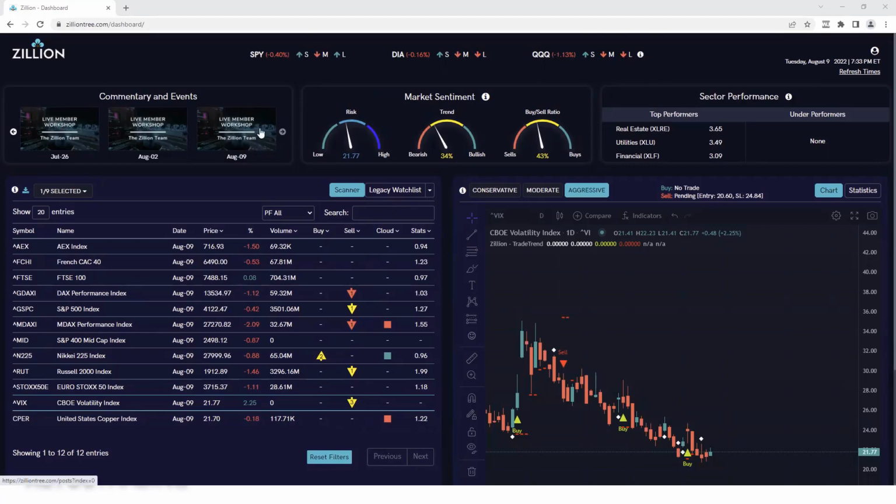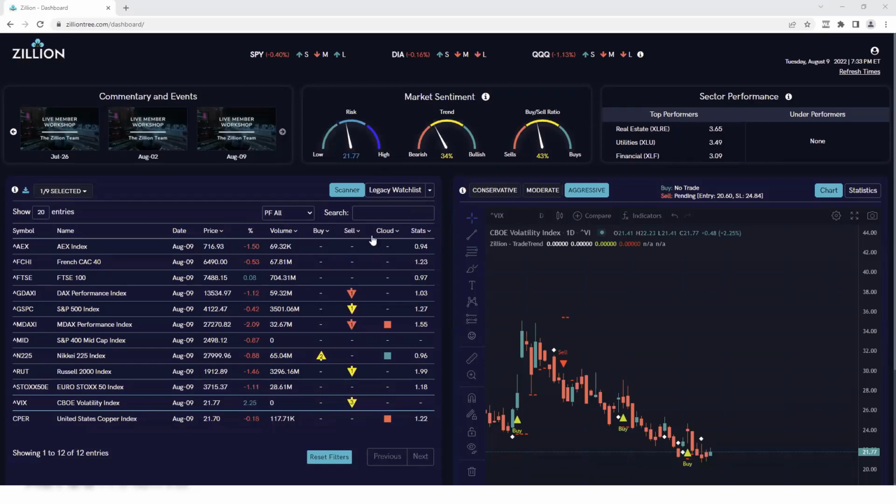It includes a number of different tools: commentary and events, where we post significant market events, market sentiment gauges, short, medium, and long-term trends across major indices, top and bottom performing sectors, scanners, watch lists, basically a suite of tools to help with your trading and investing decisions.